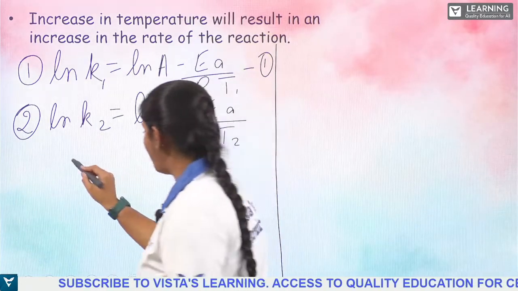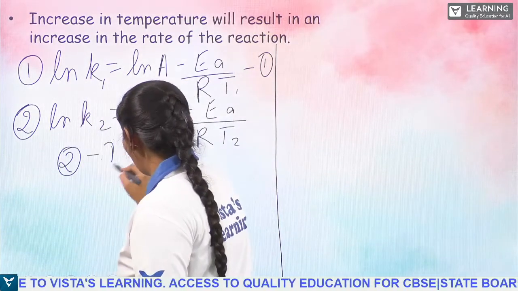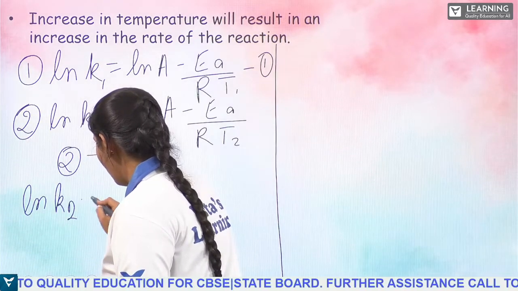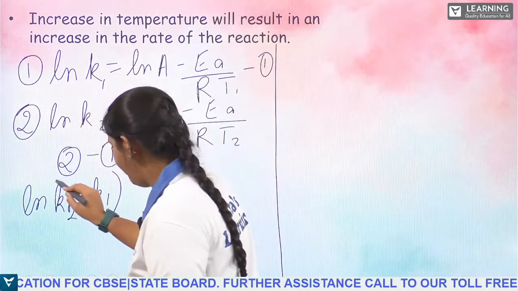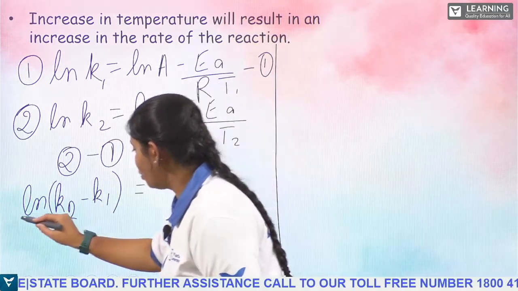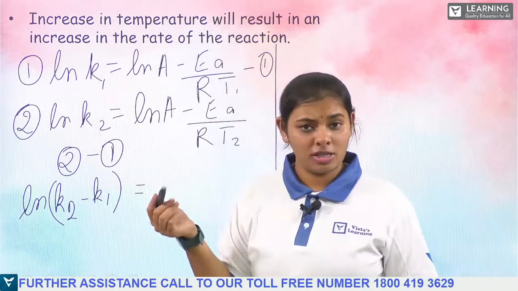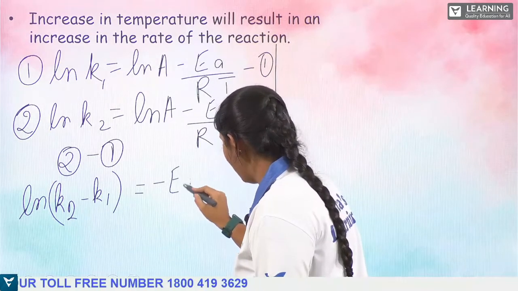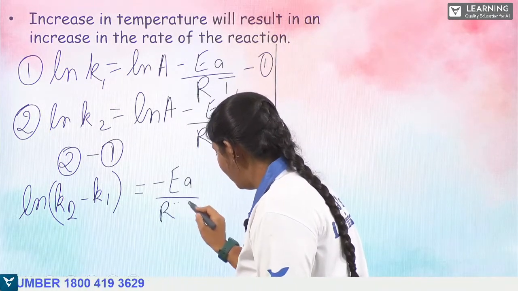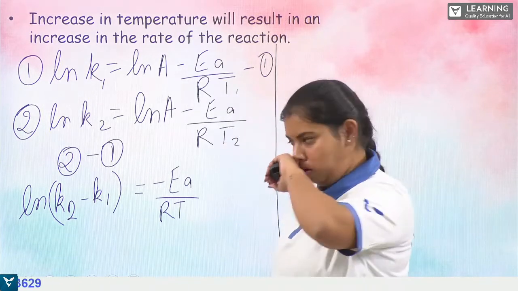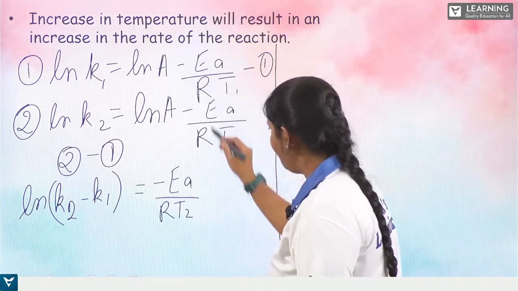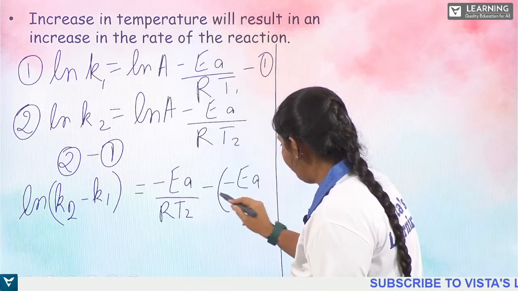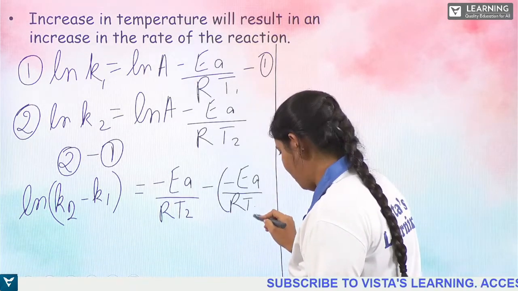So equation 2 minus equation 1 gives us ln K2 minus ln K1, which is equal to ln A minus ln A, which cancels out, minus EA by R T2, and again minus of minus EA by R T1.